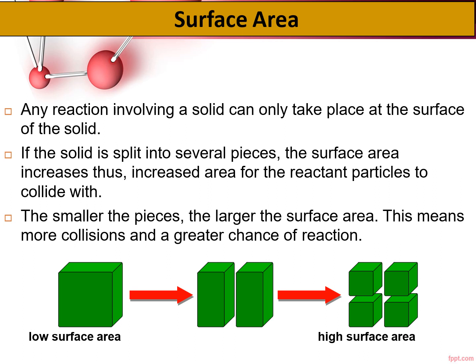For example, there will be more surface that touches the reactant particles. When we chunk into smaller parts, we get a higher surface area. The smaller the pieces, the larger the surface area will be. This means more collisions, they will collide with each other faster and there is a greater chance for the reaction to happen. So in the end the rate of reaction will be increased.